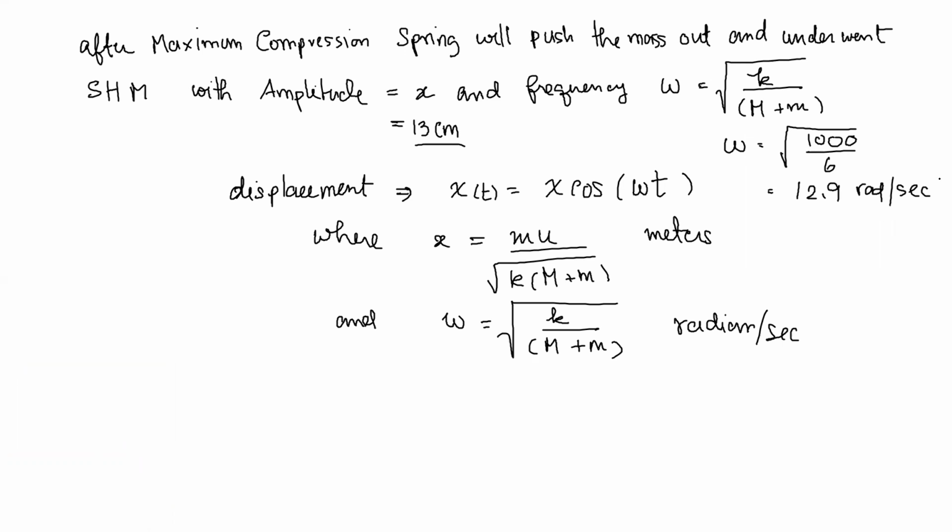And so the displacement x(t) will be 13 centimeters cosine of 12.9t. This is in centimeters. So that's the answer of this problem.